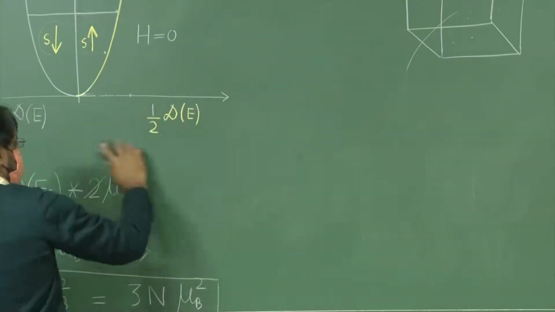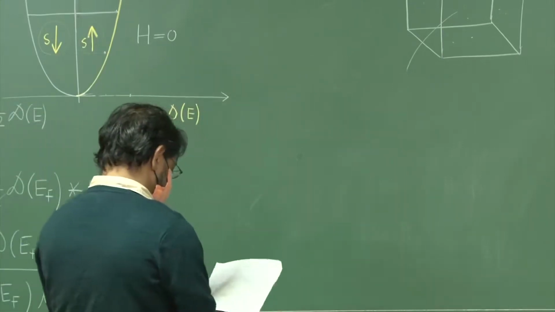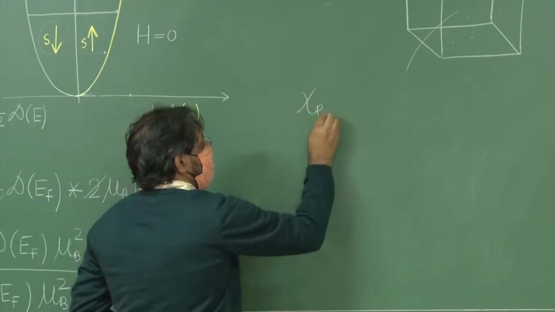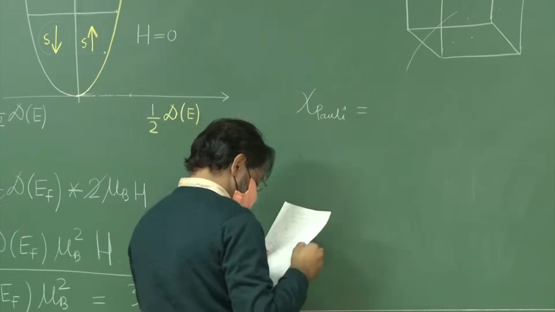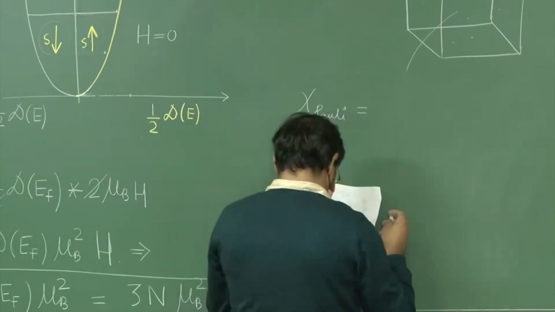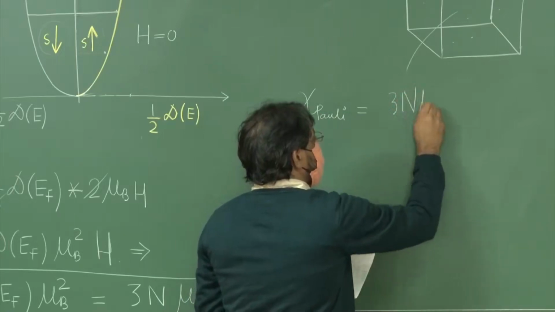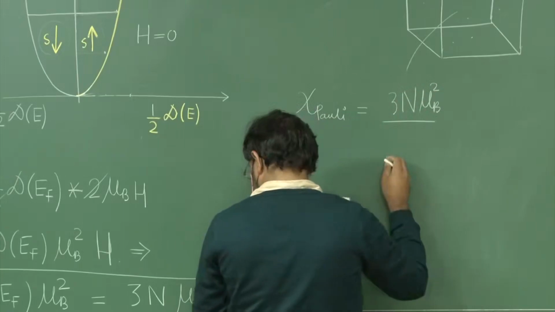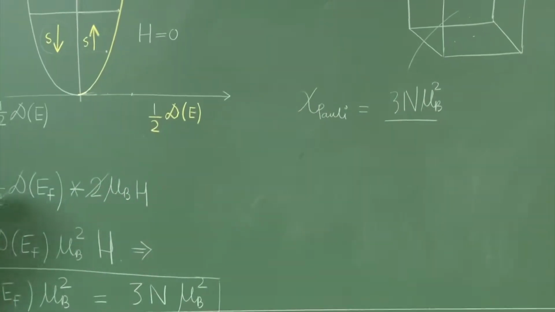So at finite temperatures, the only change that you will get is that this expression will change to this. Chi Pauli at a non-zero temperature is 3n mu_B square, by the way, this E_F can be written as k_B T_F.